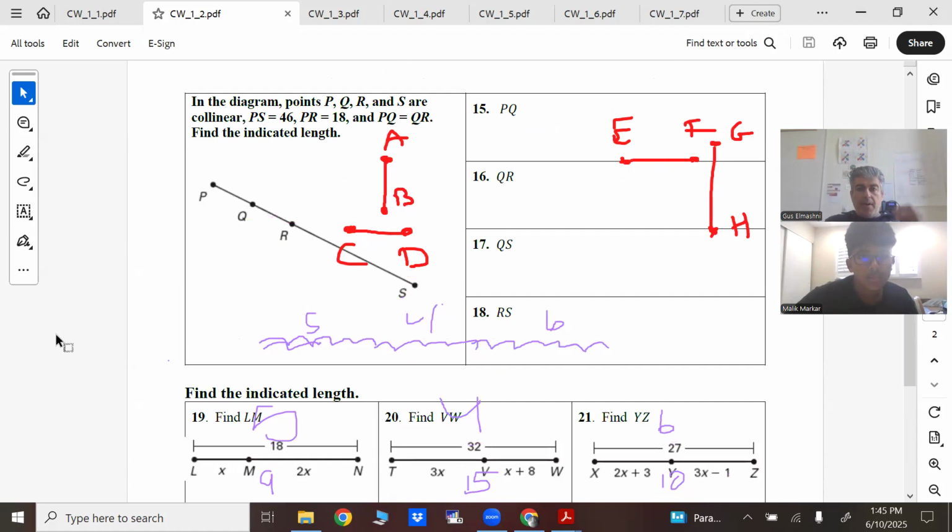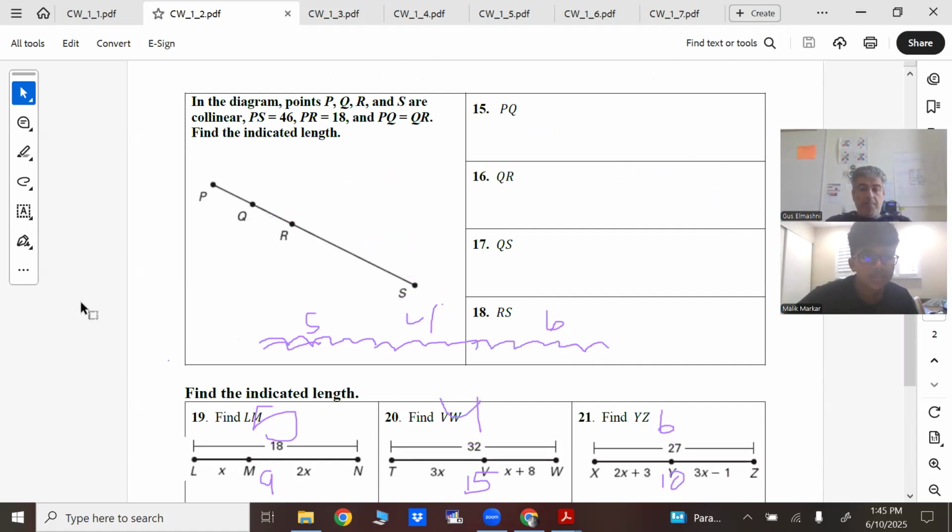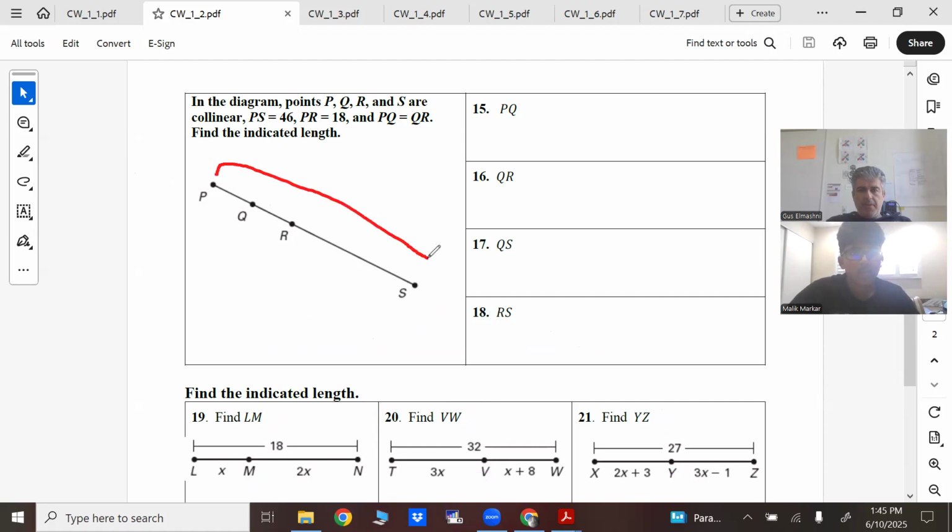I'll do some more here. The diagram points P, Q, R, and S are collinear, okay. The whole thing is 46. PR is 18.